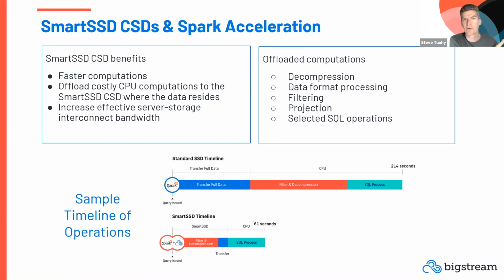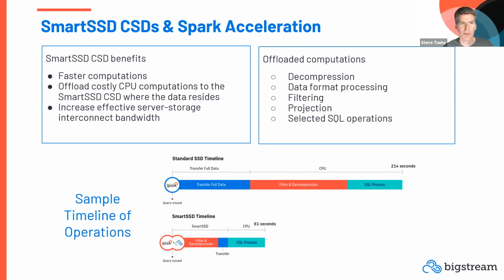So each of these three chunks are all shorter, but then the sequencing of these reduces that bandwidth and challenges there. The other key point I want to make here on the SmartSSD is that some of the main computations that get offloaded from the CPU by the SmartSSD are decompression and filtering, which we mentioned in that example, but also projection, data format processing, and selected SQL operations.